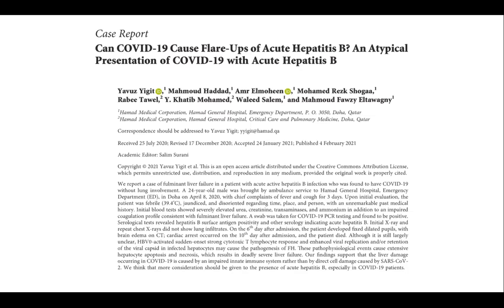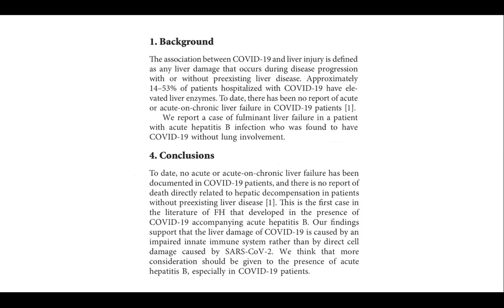The association between COVID-19 and liver injury is defined as any liver damage that occurs during disease progression with or without pre-existing liver disease. Next slide, please. Approximately 14 to 53% of patients hospitalized with COVID-19 have elevated liver enzymes.